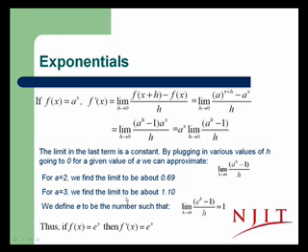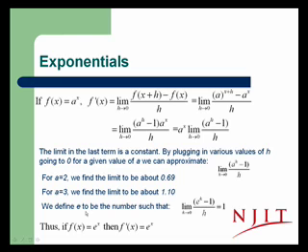If a is equal to 3, the limit's around 1.10. We can convince ourselves that this limit ought to be increasing as a increases, and therefore we can suppose that there's a number between 2 and 3 where the limit as h goes to 0 of a to the h minus 1 over h will be exactly 1.